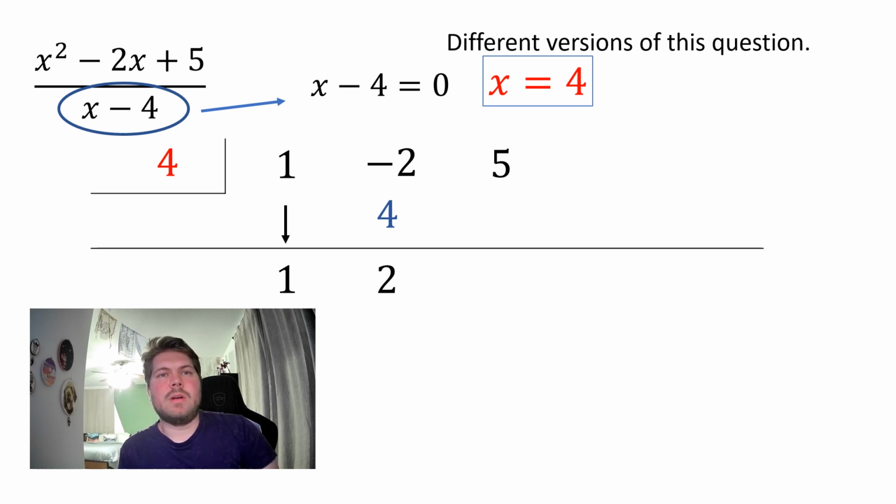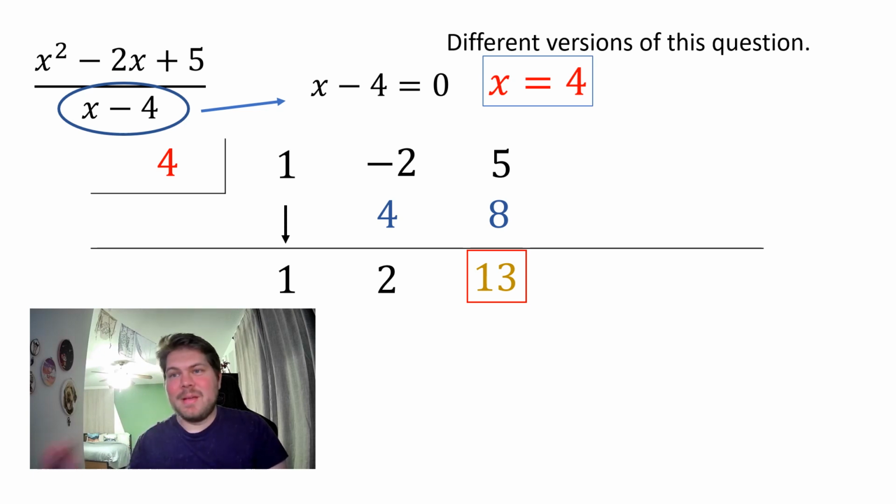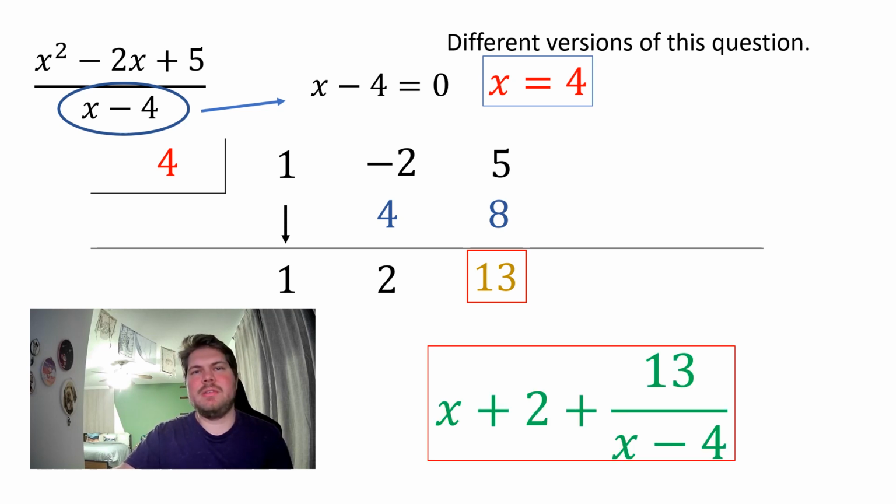And then 4 times 2 is 8. 5 plus 8 gives us 12, or 13. Whoops, 13. I caught myself before the click. That's going to be our remainder. So we have x plus 2 plus 13 divided by x minus 4.